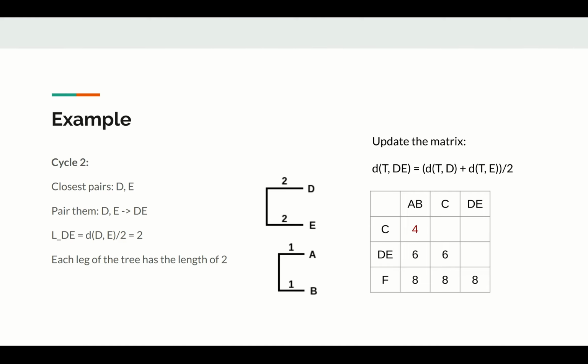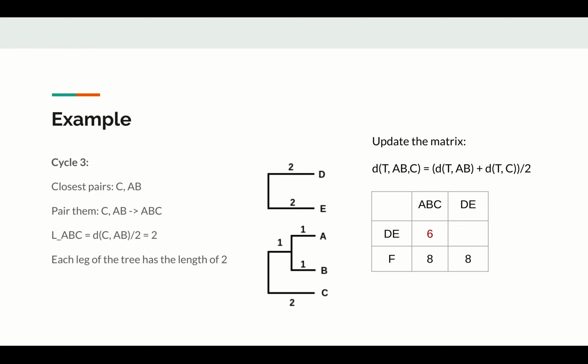Here we have the distance of C and AB, which we had in the previous step again. This time we choose C and AB. Going further, we add C to AB, which gives us ABC. We update the tree by adding C to AB.